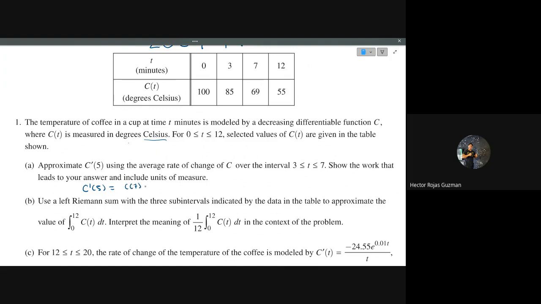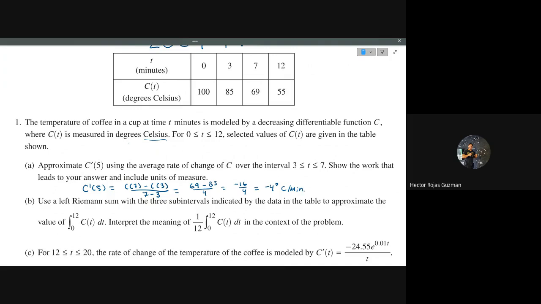So C of 7 minus C of 3 divided by 7 minus 3. That's 69 minus 85 divided by 4, which gives us negative 16 over 4, a final answer of negative 4 degrees Celsius per minute.